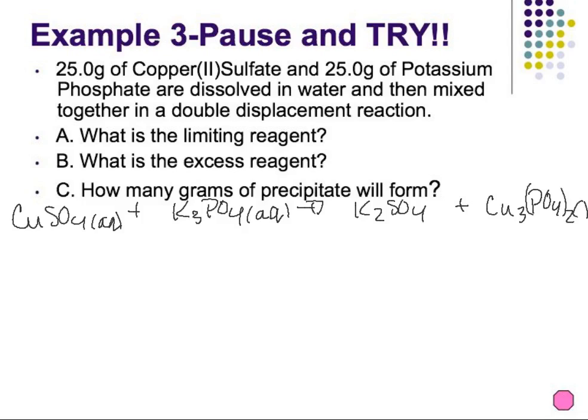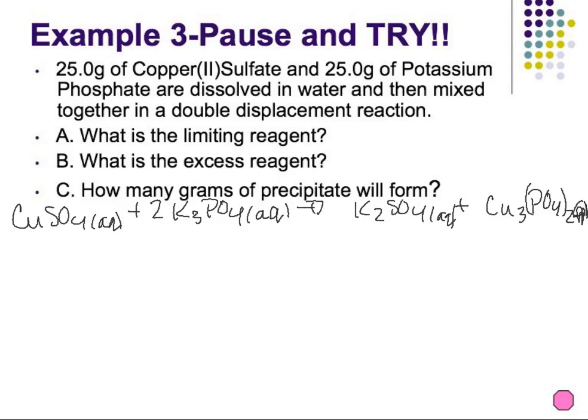Once we check our solubility rules, we find rule number 6, all phosphates are insoluble. Here's our precipitate. This one's aqueous. Is this reaction balanced? No, it's not. So we've got 2 phosphates. We'll need 2 phosphates.